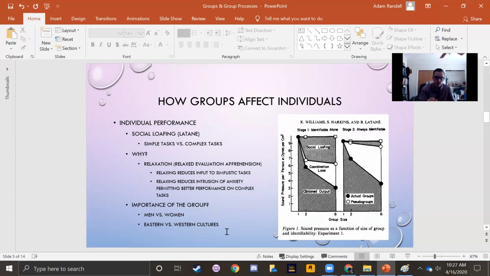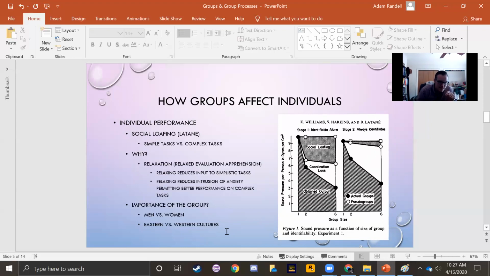So social loafing, and Latane is one of the folks that did most of the work, or at least a lot of the work concerning social loafing. Social loafing occurs when the performance of simple tasks in a group is impaired, whereas the performance of more complex tasks in a group are facilitated. So it's the exact opposite of social facilitation.